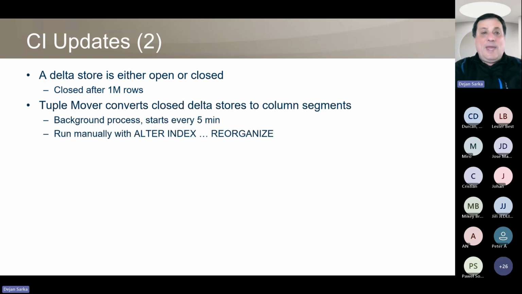And then we have a background process called the tuple mover, which converts closed data stores to column segments. By default, it starts approximately every 5 minutes. Of course, you can also start it with alter index reorganize, or even rebuild.